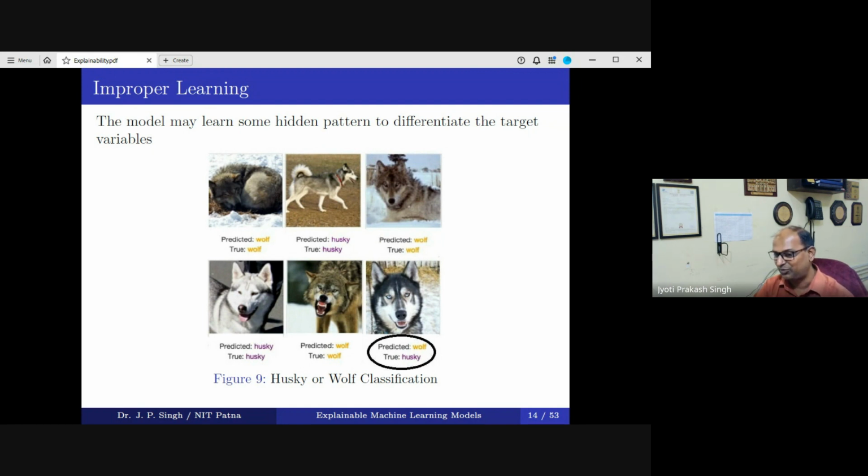In fact, the model was meant to learn wolf versus husky and differentiate wolf from husky. But the model learned how to differentiate icy or snowy regions from other regions, or green regions. That's what the model learned. And you see here in this background it looks like snow, and hence it predicted wolf.